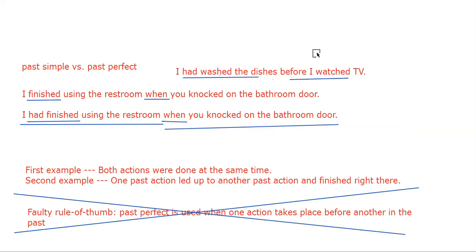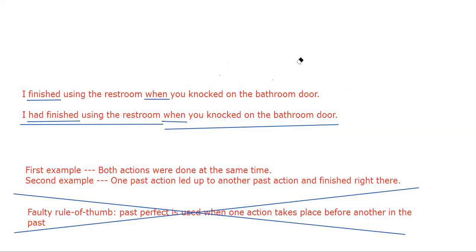No, you don't need to use the past perfect here because the past perfect already implies that one action took place before another. So you don't need to use before. The before here is not necessary. Do not say this. So we know that the past perfect is not that simple. It's not just a matter of, oh, it's just one action that takes place before another. No, it's not that simple.